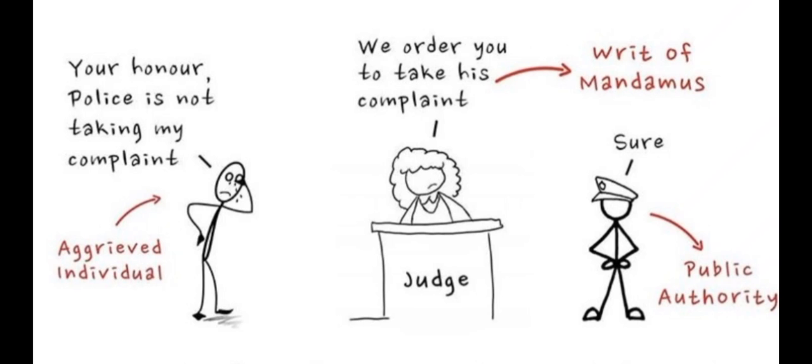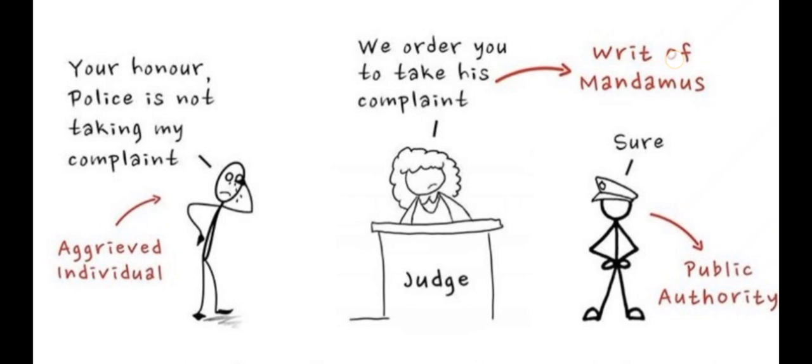The police authority is not performing its official duties, so the court stands between the aggrieved person and the public authority. By using Article 32, the Supreme Court will command the inferior court or public authorities to perform their official duties. So this is mandamus.